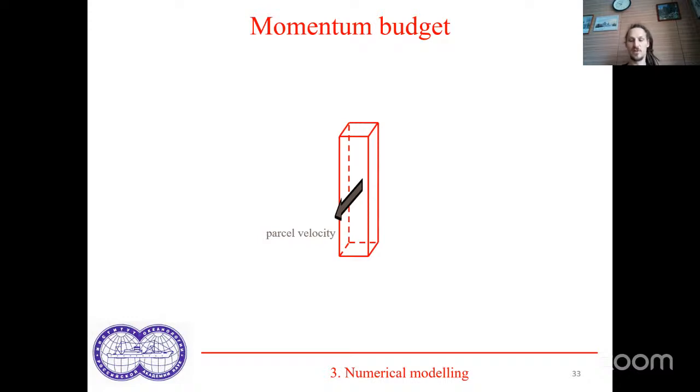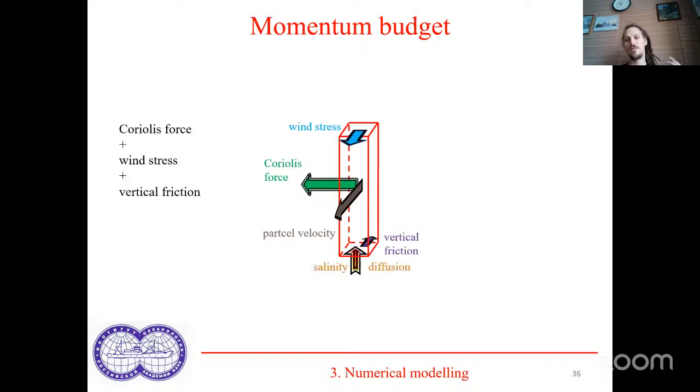We have its velocity; it moves. As a result, we have Coriolis force. We have wind stress, which affects the top of the parcel according to friction between atmosphere and river plume. We have the same on the plume bottom. We have vertical friction between plume and ambient sea, and we have salinity diffusion.